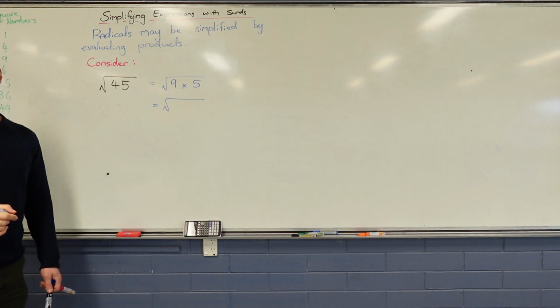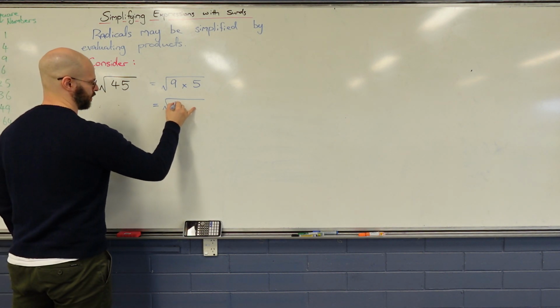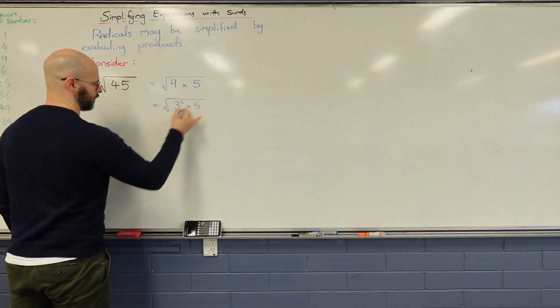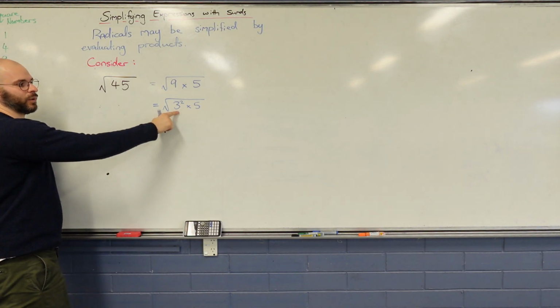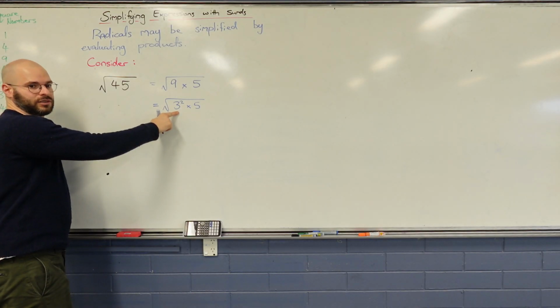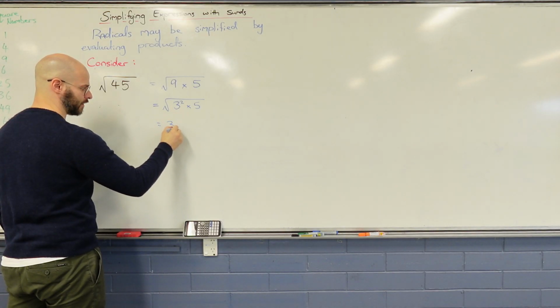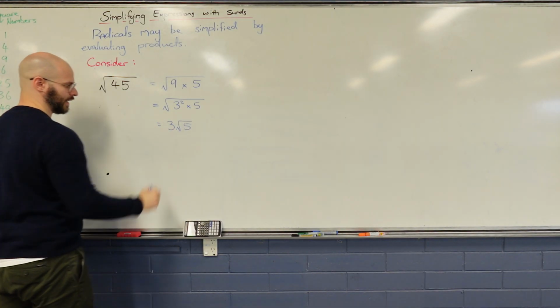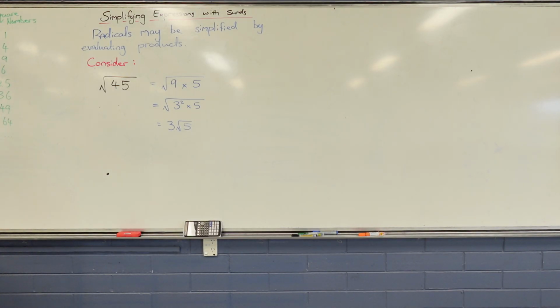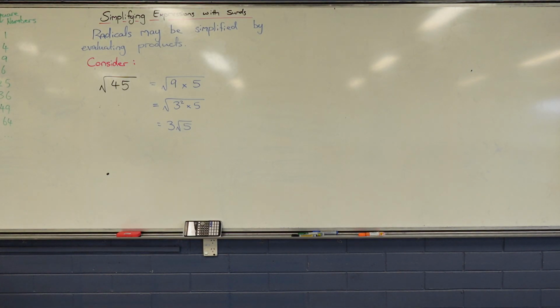What is the square root of 9? 3. Now, if I have 3 squared in there, 3 squared can go on a journey like Bilbo Baggins once upon a time did, and he can leave the Shire to the outside. However, the consequence of leaving the Shire is they lose their square symbol. So all of a sudden, root 45 also happens to be the same as 3 root 5. Does that make sense?